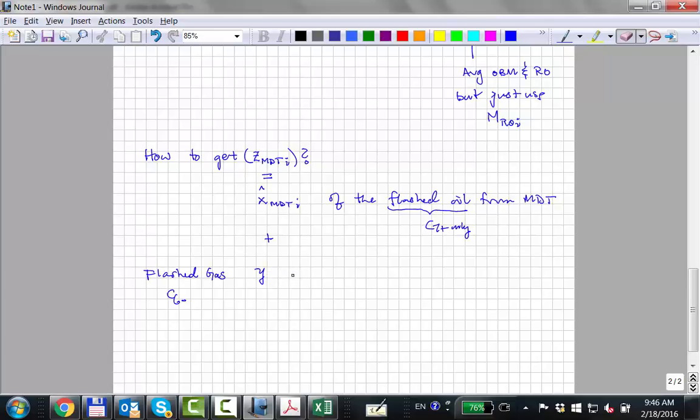I'll write this a little bit different to be consistent with what we looked at yesterday. This is the flash gas composition. This is basically the flashed oil composition based on what we looked at Tuesday from the MDT sample.